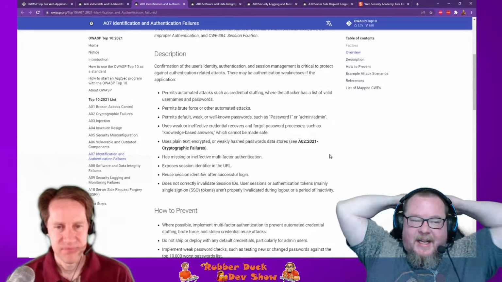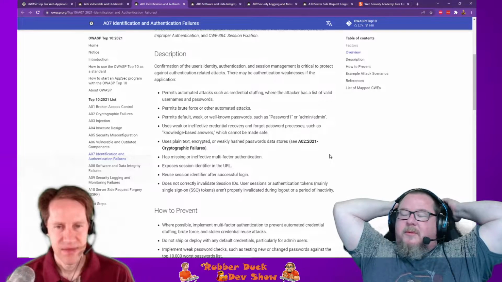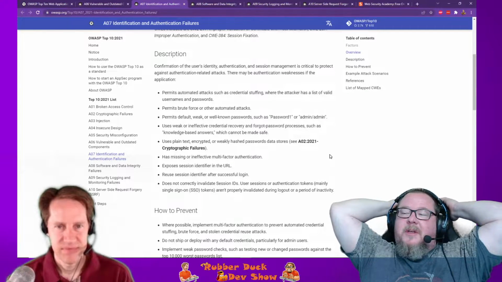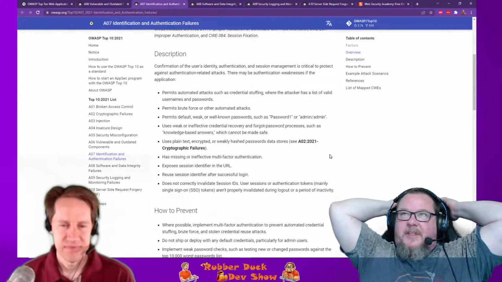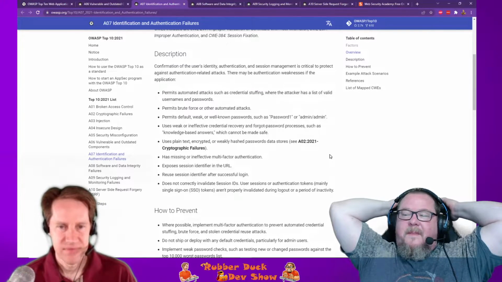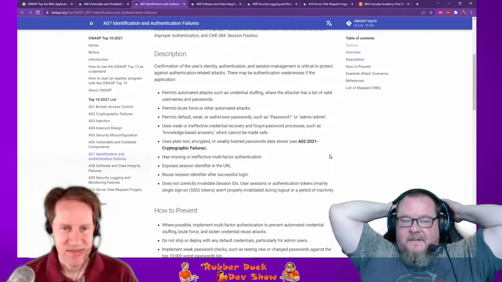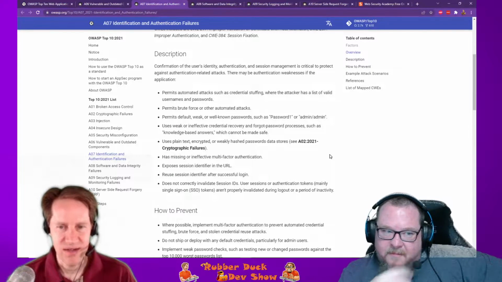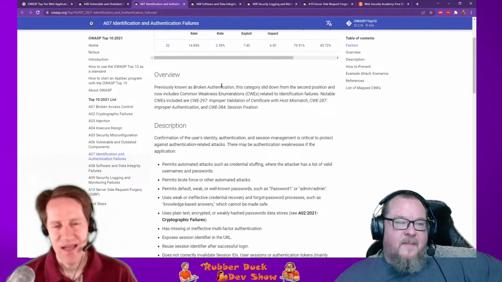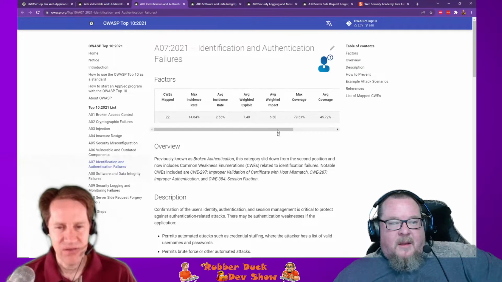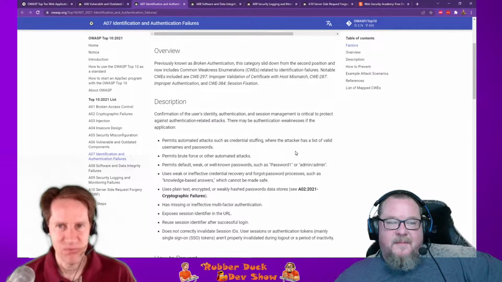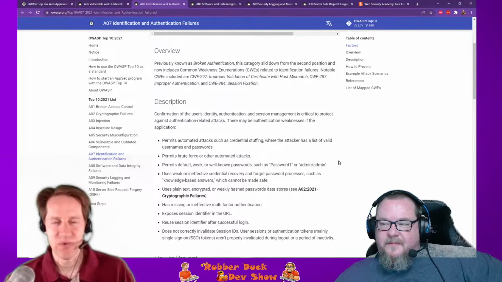Yeah, well, see, that's why these two really kind of got my brain crossed, because they're similar. Yeah, because it literally says at the top of this one, previously known as broken authentication. Yeah, so it's not authentication. It is kind of odd how they are separated by so many. Like one's at number 1, one's at number 7.